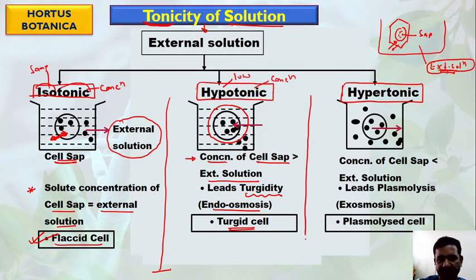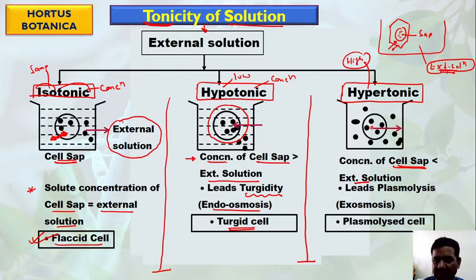Similarly, the third case is the hypertonic solution. Hyper means high, tonic means concentration. So here we have the high concentration outside, and the cell sap concentration is less than the external solution. So what will happen? Just the opposite.